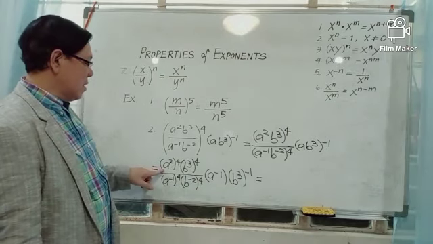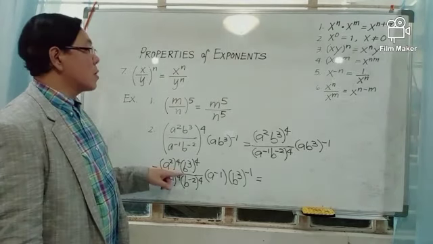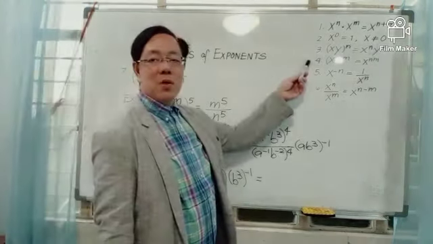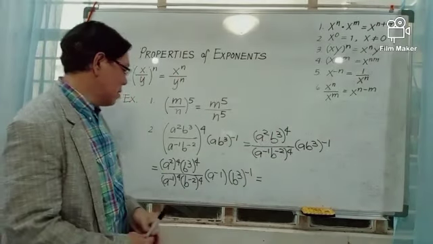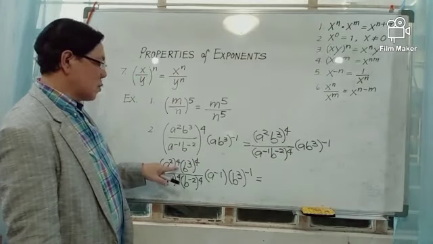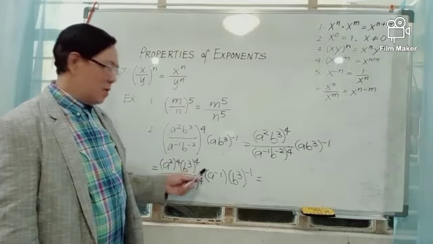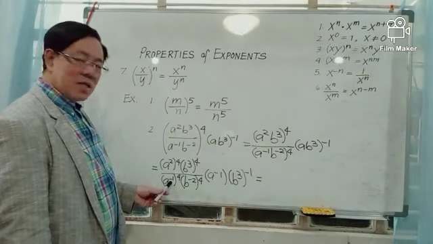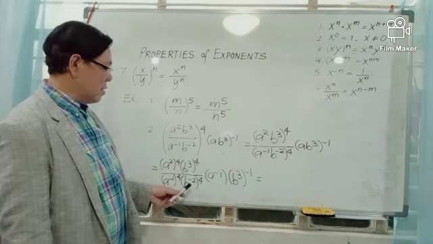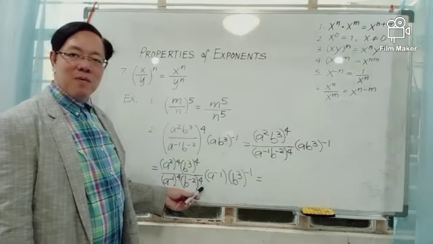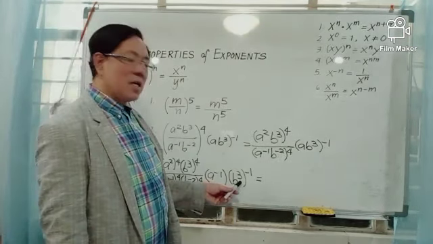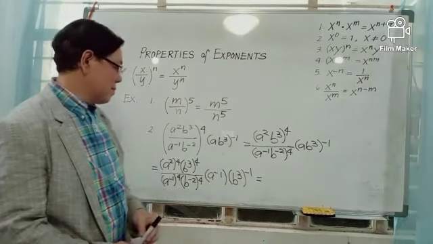To simplify each factor, we now apply the fourth property of exponent. Multiply the exponents 2 and 4, 3 and 4, negative 1 multiplied by 4, negative 2 multiplied by 4, and 3 multiplied by negative 1.